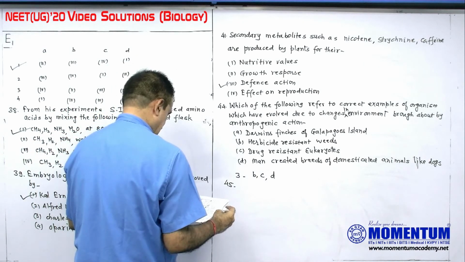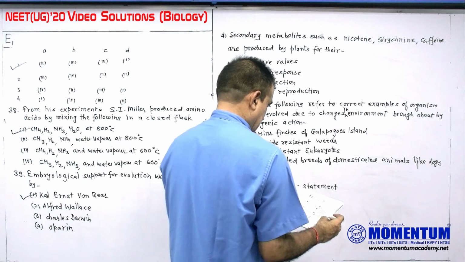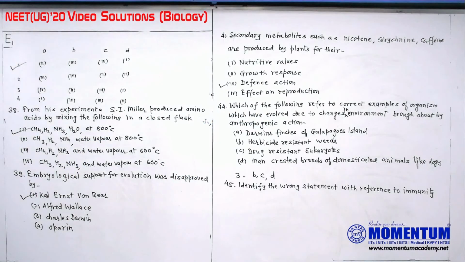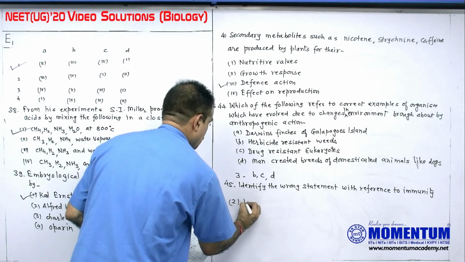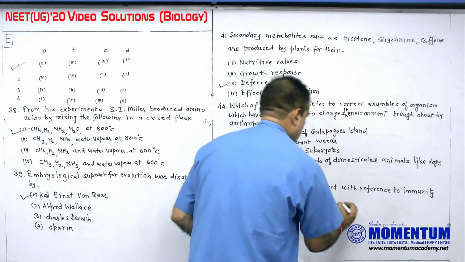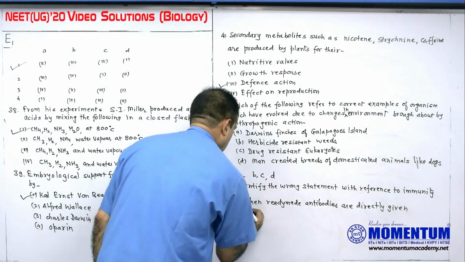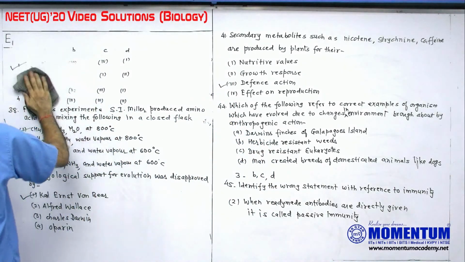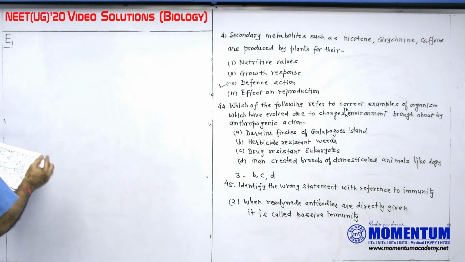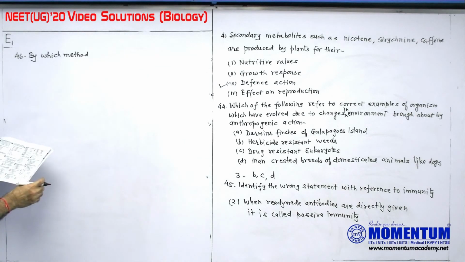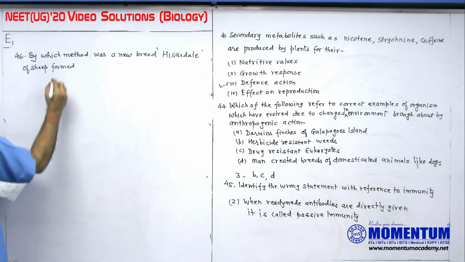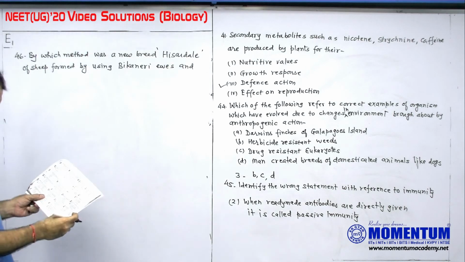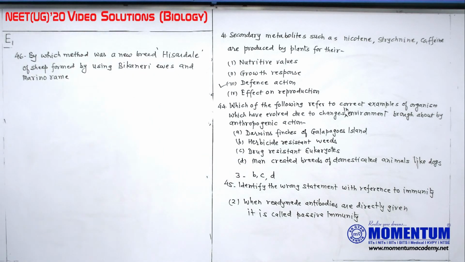45: identify the wrong statement with reference to immunity. The correct option is 2: when ready-made antibodies are directly given, it is called passive immunity. That is the correct option of 45. Next is 46: by which method was a new breed, Hisardale, of sheep formed, by using Bikaneri ewes and Marino rams?